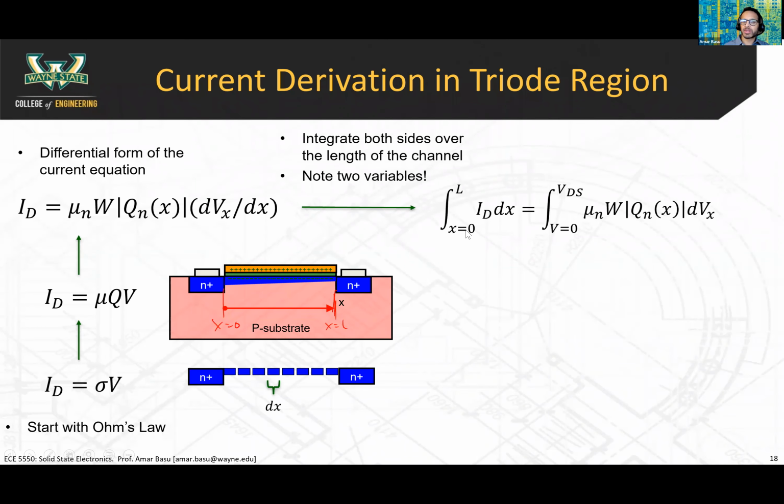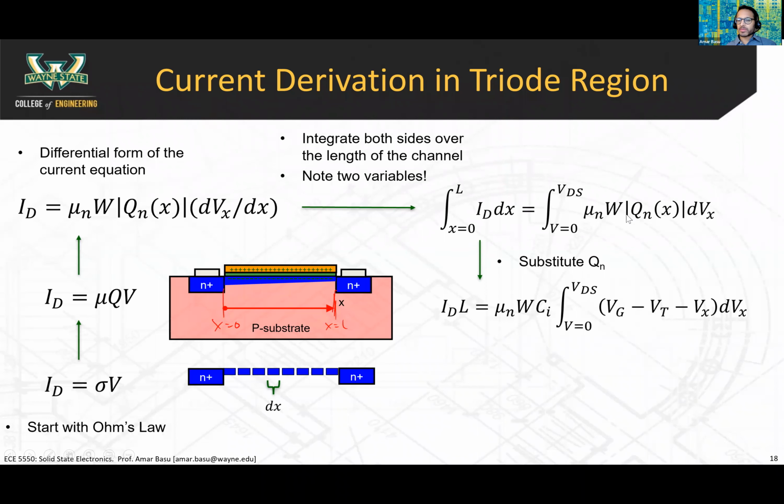So the limits of integration is x equals 0 to L. In terms of voltages, we know that as we go from the left side of the channel to the right side of the channel, this side is going to be 0 volts. And the right side of the channel is VDS, whatever drain to source voltage we applied to it. So we have our limits of integration in terms of voltage as well. So that's one of the key mathematical tricks.